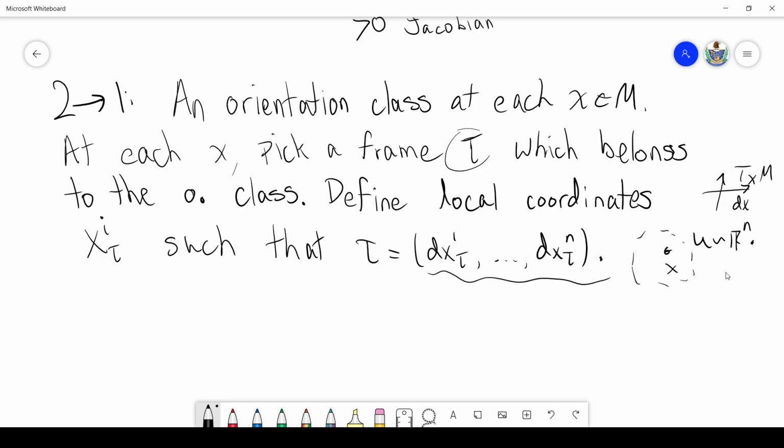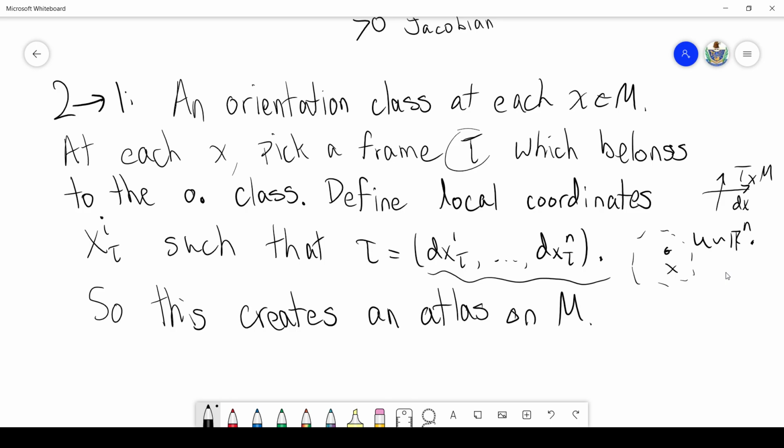Right? And so now this creates an atlas on M, right? We have a collection of open regions around each point that is identifiable with Rn.